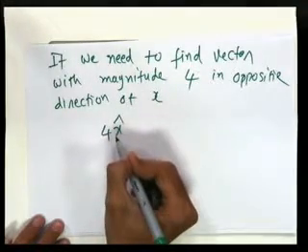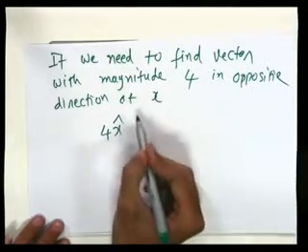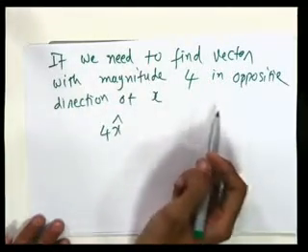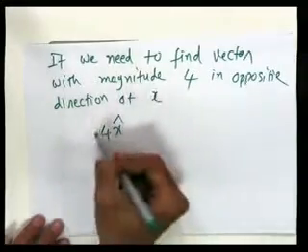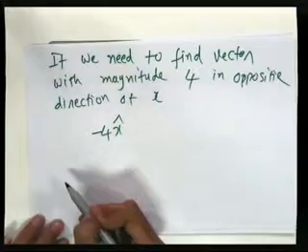This represents the vector with magnitude 4 in the direction of x, but we need the vector with magnitude 4 in the opposite direction of x. So here we need the sign minus, which represents the opposite direction of x.